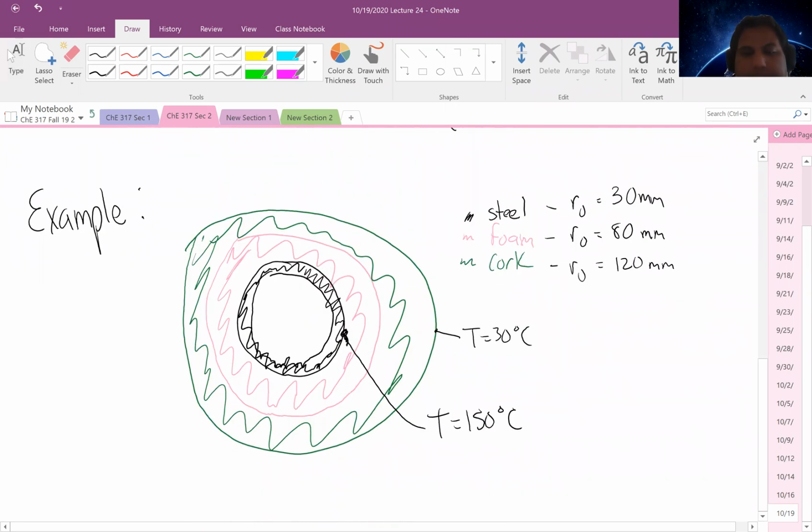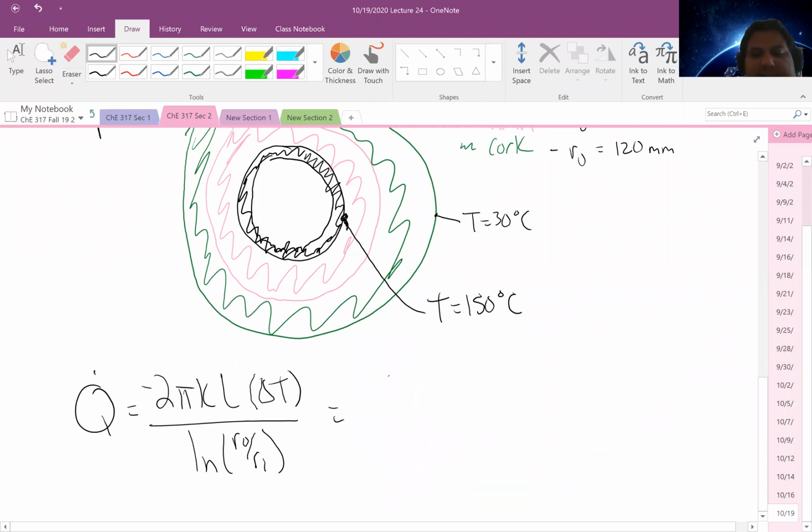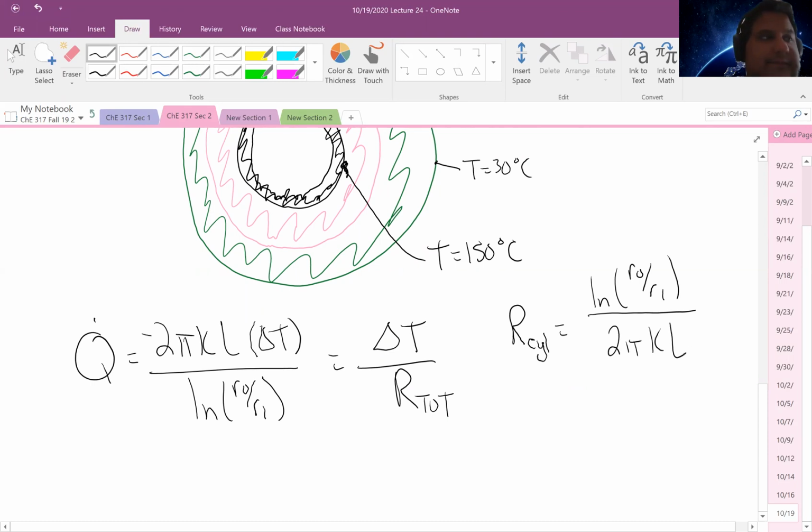So we can identify Q as 2 pi KL times delta T over the natural log of RO over RI. We can also, even for the cylinder systems, consider this as a system in series where we can identify the thermal resistance of a cylinder as essentially the natural log of R over Ri divided by 2 pi K times L.